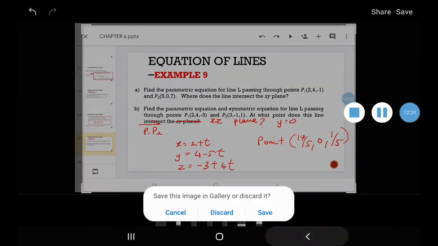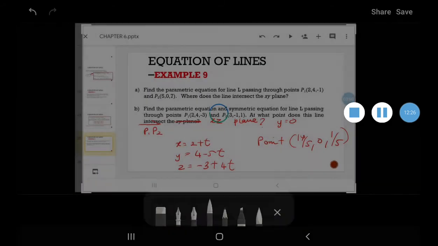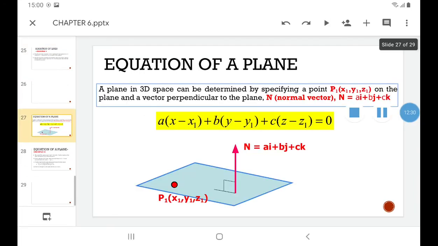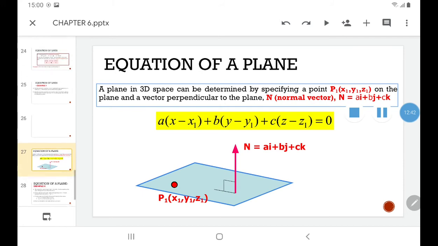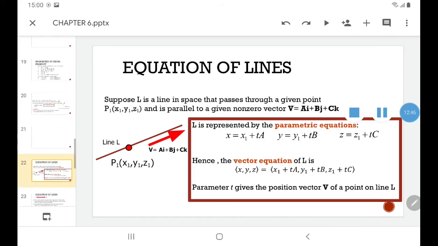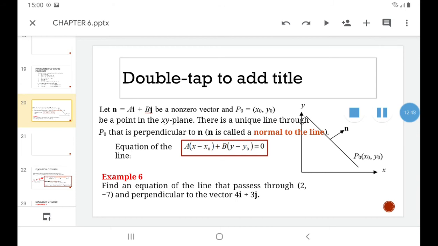Okay, so now we're going to go to the next slide. So now this is the equation of a plane. Okay, this is kind of similar to this one here, right?